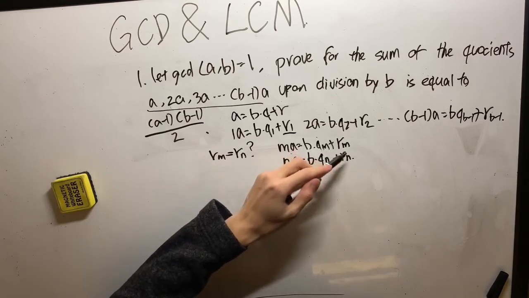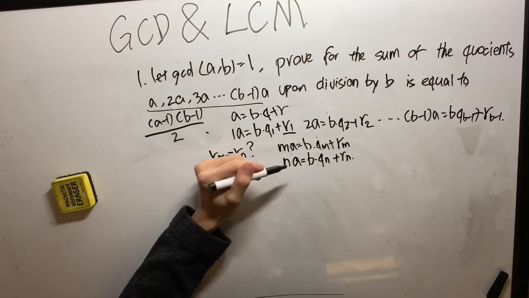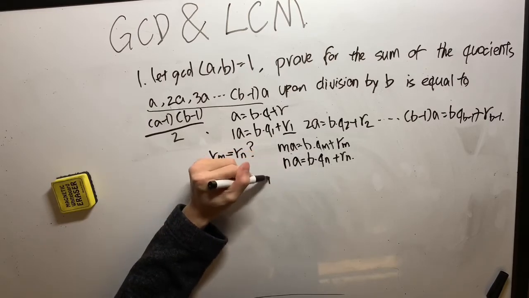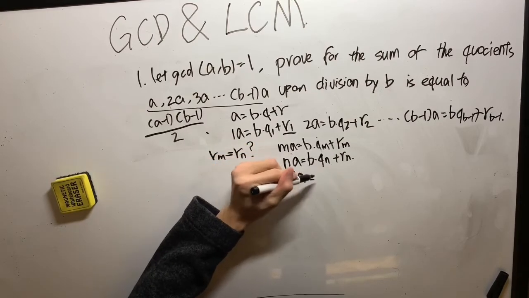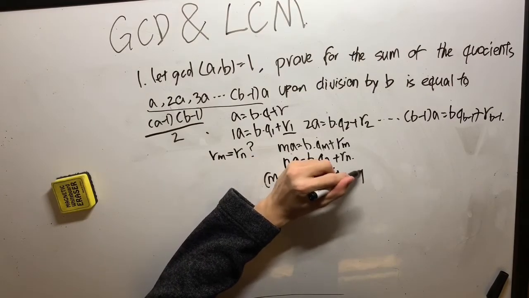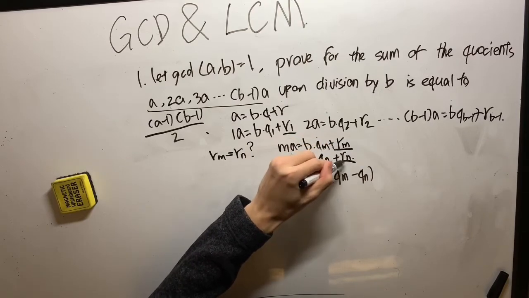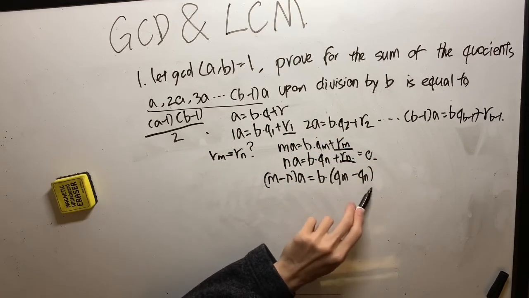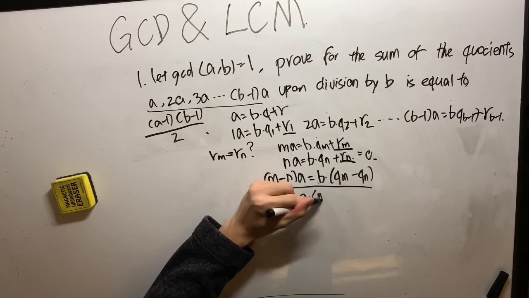Let's suppose that Rm equals Rn, and combine these two equations. So m minus n times A, we subtract them, equals B times Qm minus Qn, since Rm minus Rn will equal 0. So it follows that B divides A times m minus n.